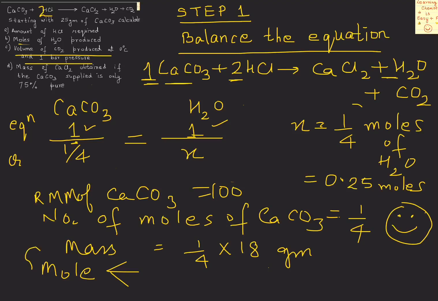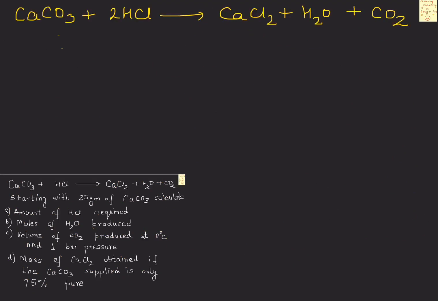If you are not aware about this connection between mole, mass, volume and number of particles, I would strongly recommend you to watch that video in order to make your concepts clear. Now, in order to do the third part of the question, again we are going to go back to moles only.